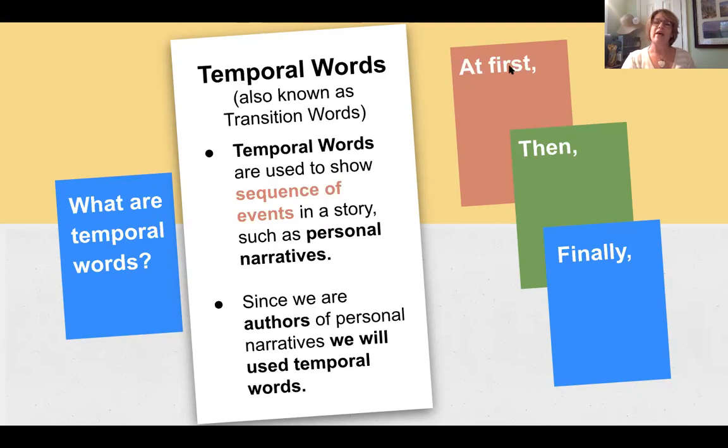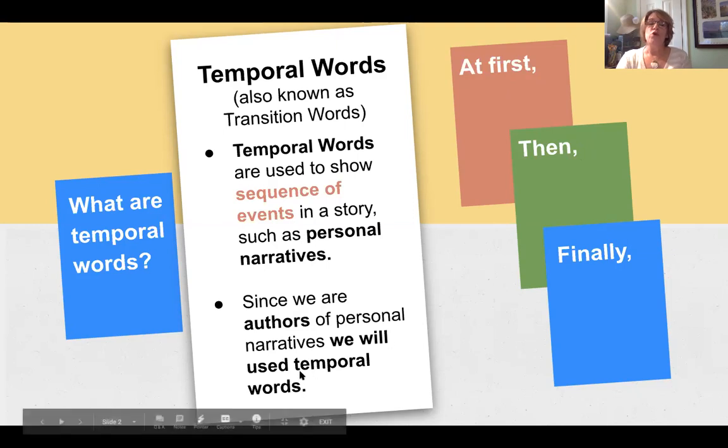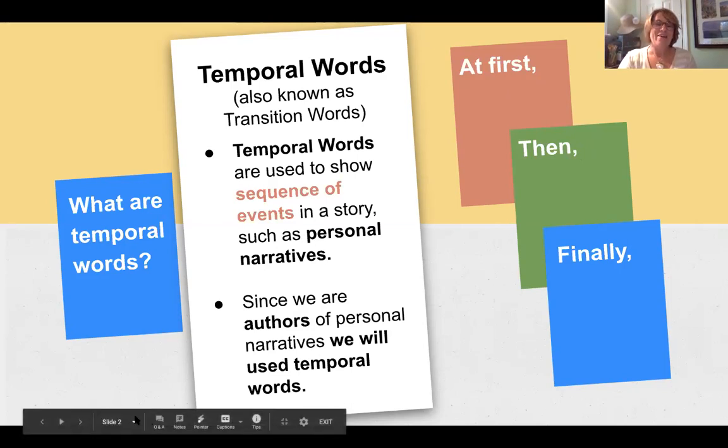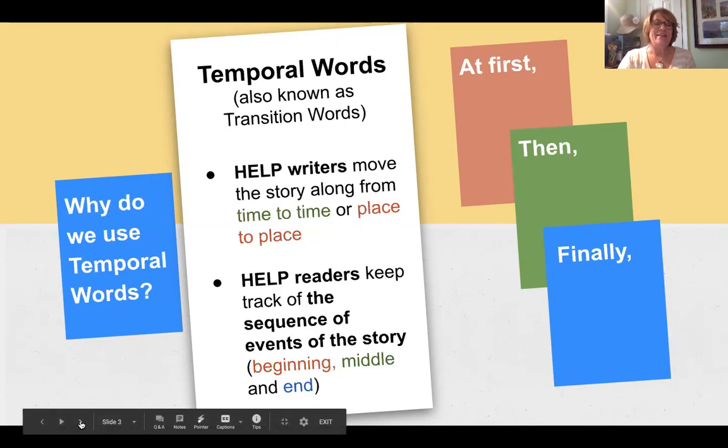Notice here I say at first, or first, then, finally. Those are words that we use to tell the order of a story. And since we are authors of personal narratives, we will use temporal words in our writing.